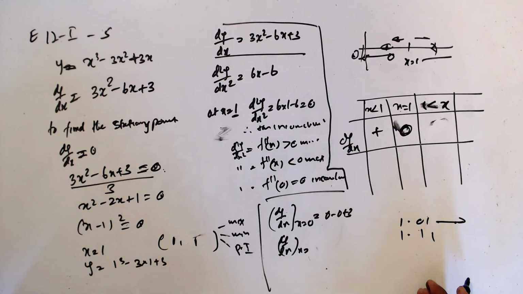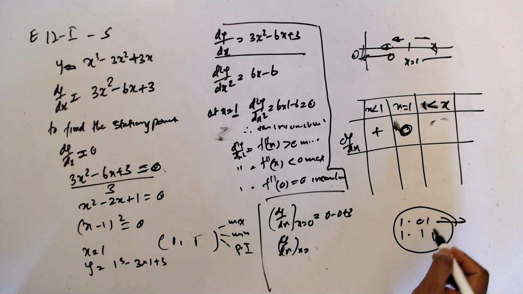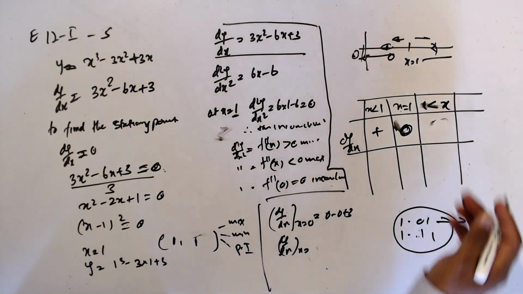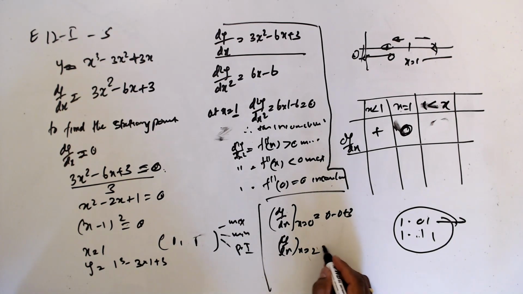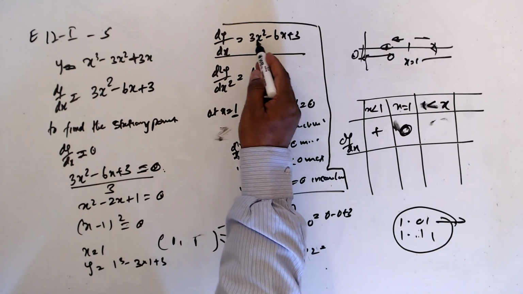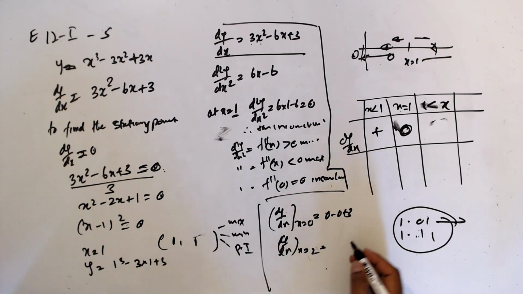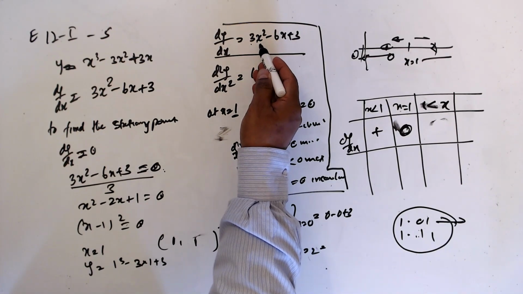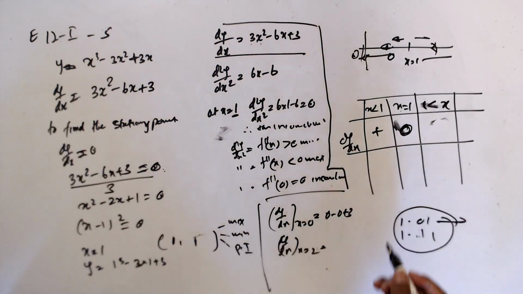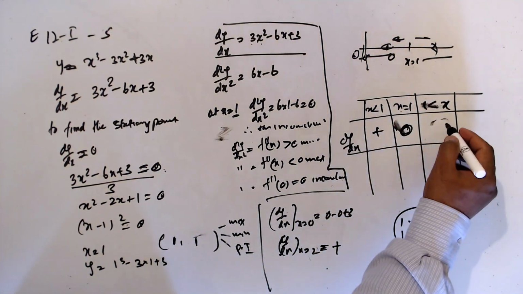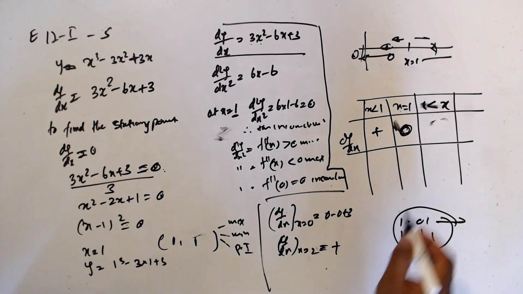With a calculator we can put 1.1, but I know that 2 is also fine in this case, so I'll put 2. Then this is going to be 2 squared, 4, times 3, which is 12. 12 minus 12 plus 3 is positive. Let's put 3: 3 squared is 9, 27. So this is also positive. If you put any value x greater than 1, the gradient is going to be positive.